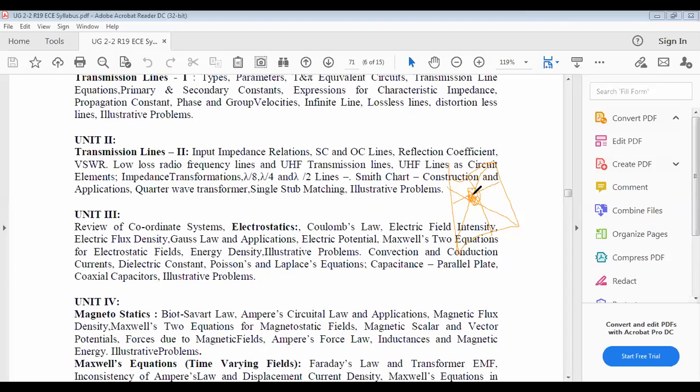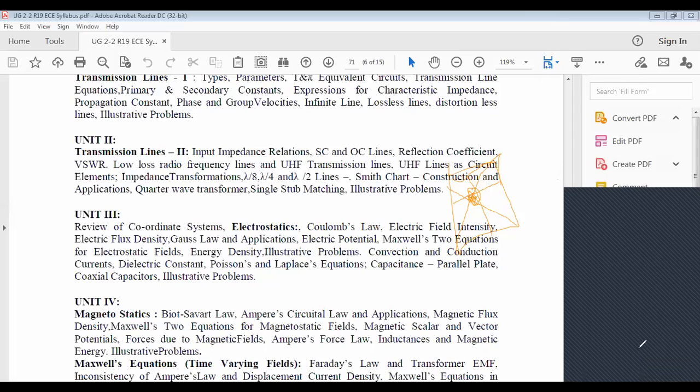But solving multiple dimensional systems is very difficult, so they developed up to only three-dimensional systems.